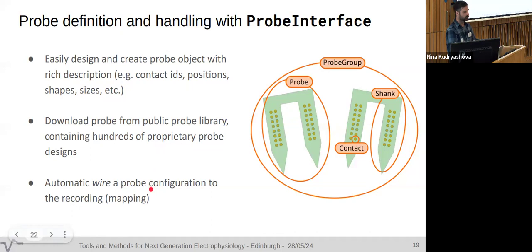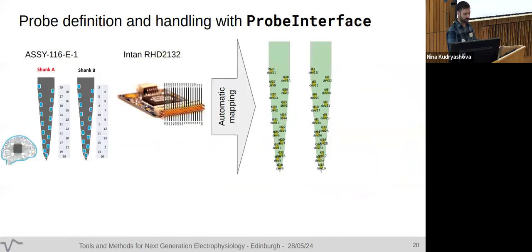And then you can also automatically do the wiring, the mapping between the electrodes and the actual acquisition system. So just to give an example, here we have a Cambridge Neurotech probe. It's called ASSY-116-E1, and this is usually recorded through an Intan chip. And then, based on the way the probe is connected to the chip, the different contacts get wired differently on your trace.